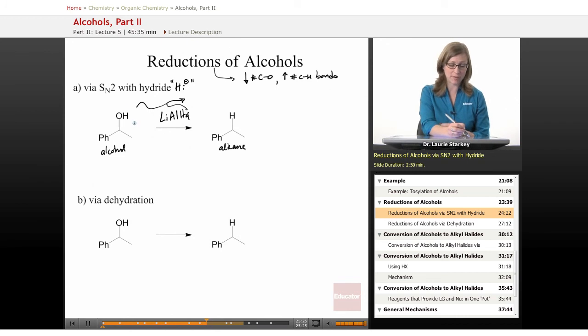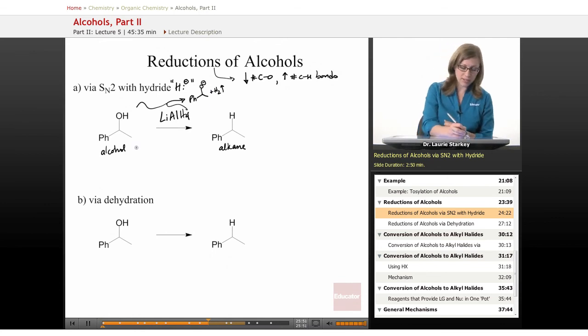So this would react to give an O minus. It would deprotonate, forming hydrogen gas and the lithium or aluminum salt of the O minus. This is fine if you want to deprotonate; you could use LAH to deprotonate an alcohol, but you couldn't use it to do a substitution.